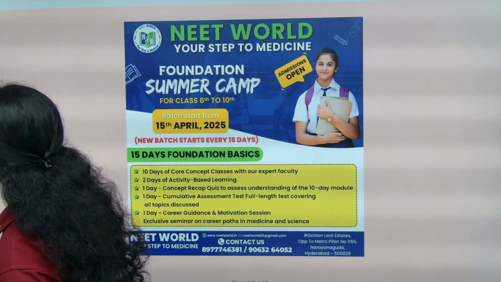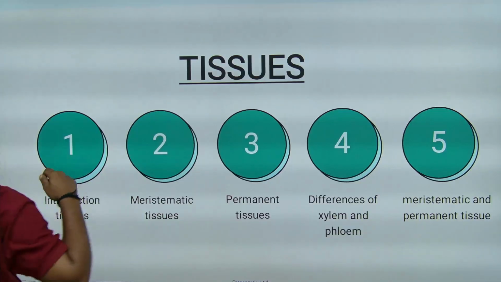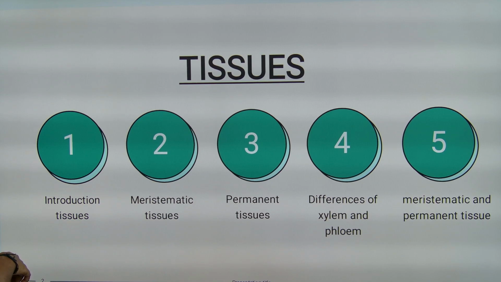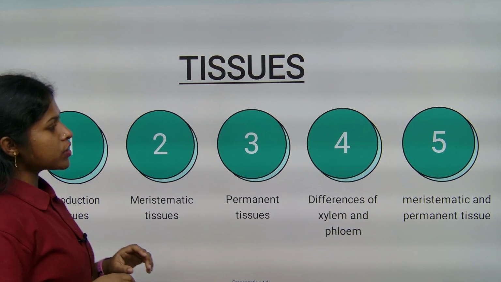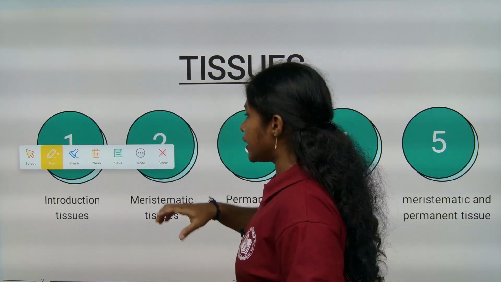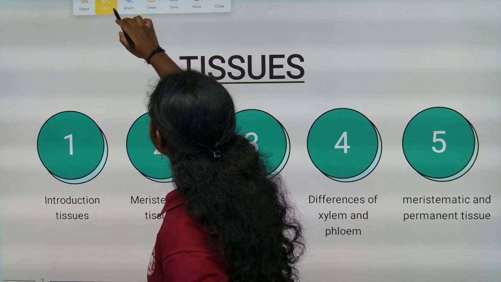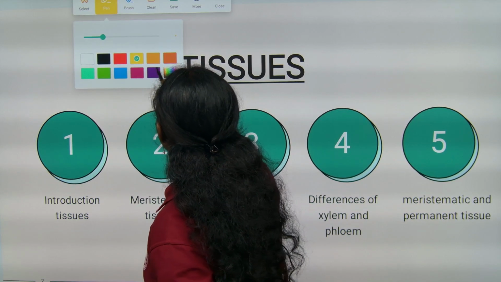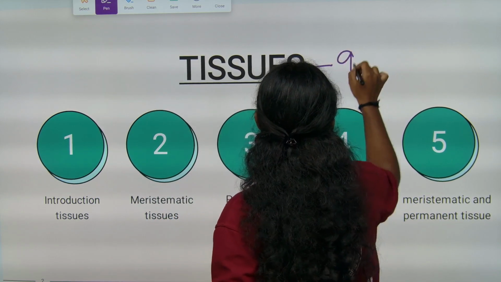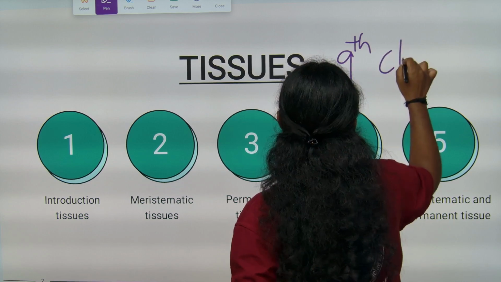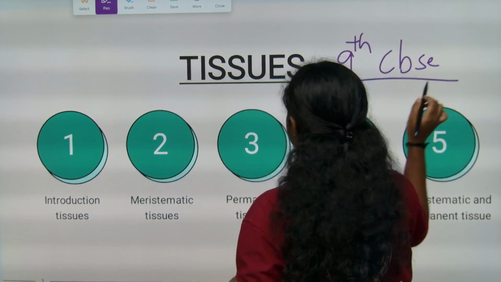Coming to today's session, children, from today onwards we are going to discuss the chapter on Tissues from the 9th standard CBSE. It is the second chapter.